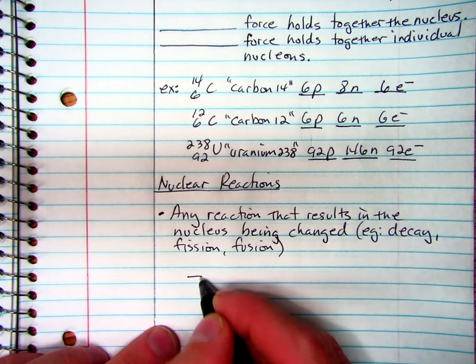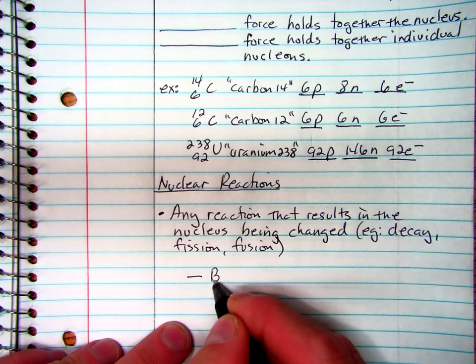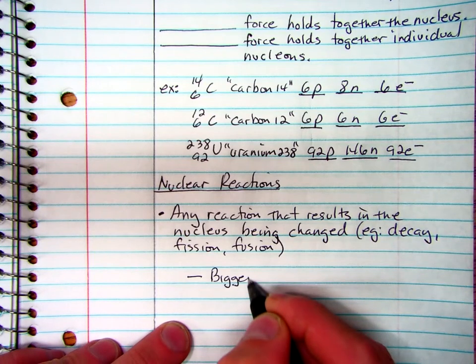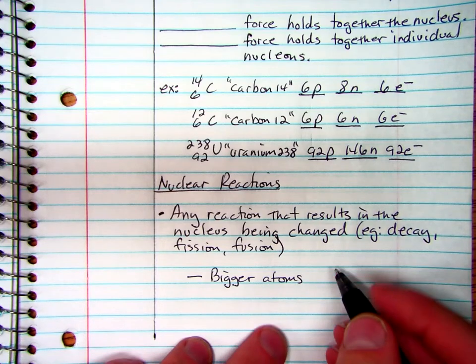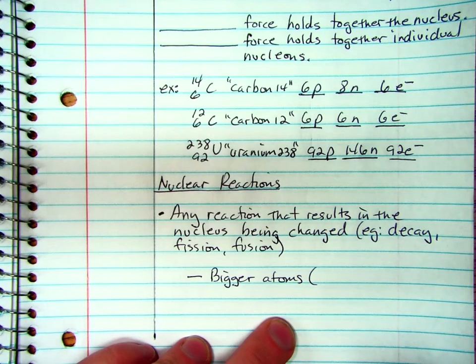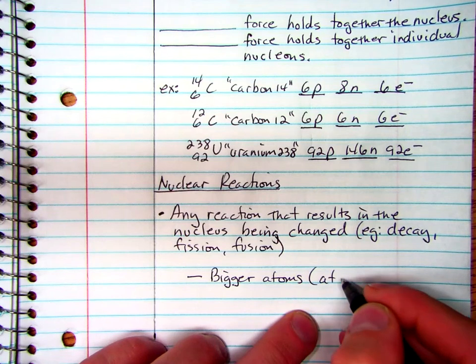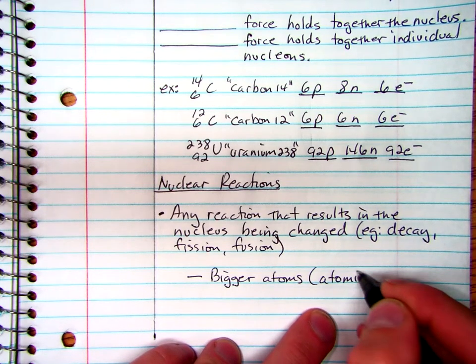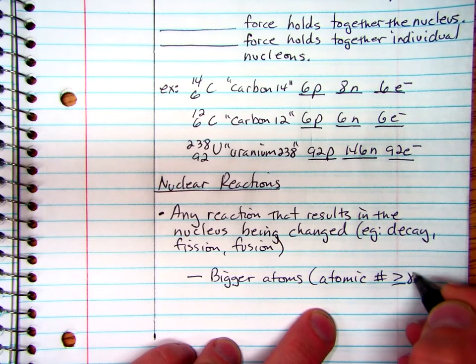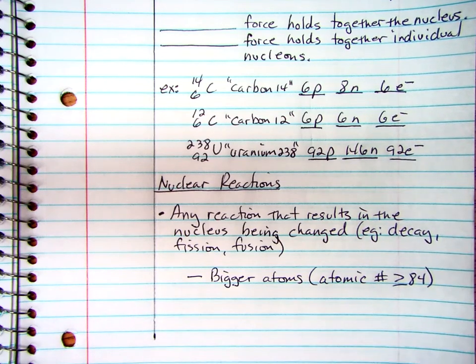What happens during nuclear decay? Bigger atoms, those are atoms with an atomic number greater than or equal to 84, are radioactive.